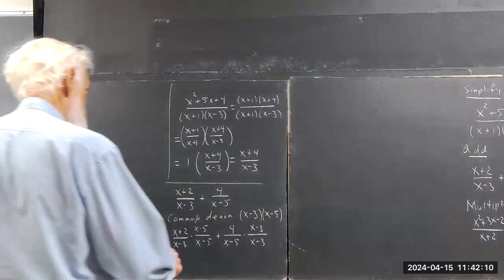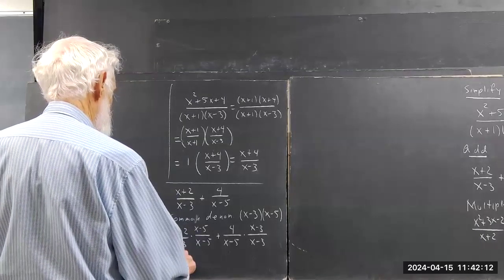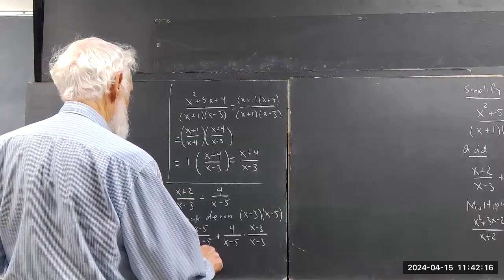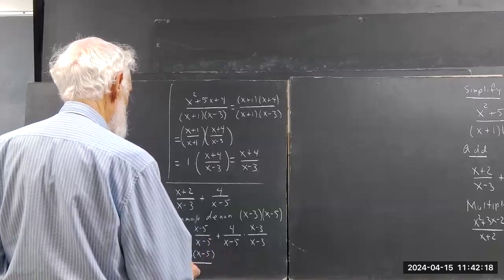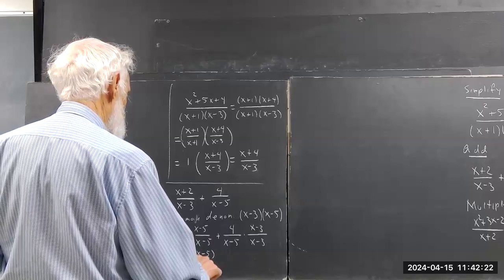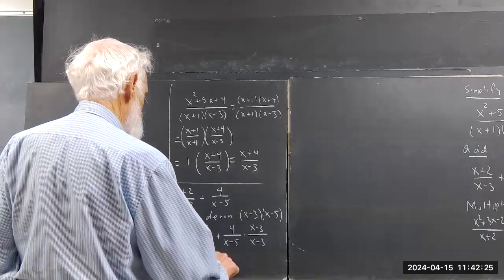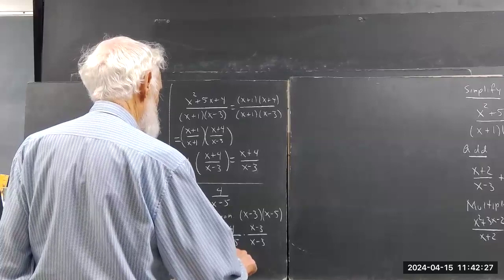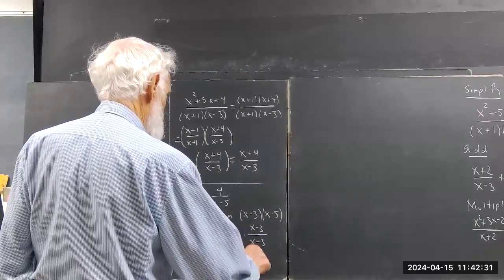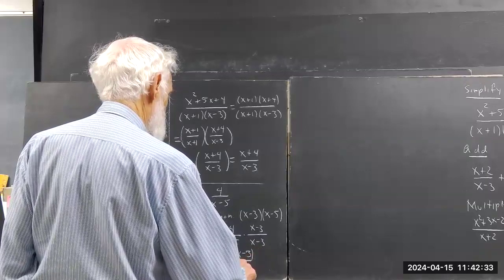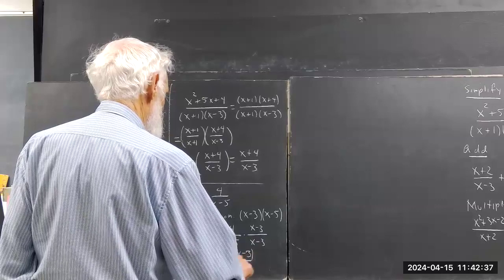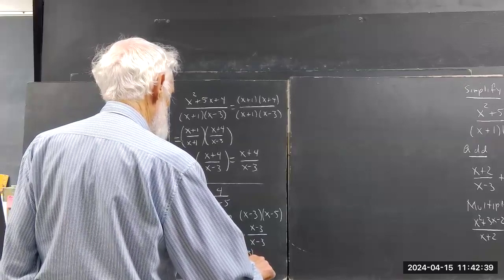Then that gives us x plus 2 times x minus 5 over x minus 3 times x minus 5, plus 4 times the quantity x minus 3 over x minus 5 times x minus 3.